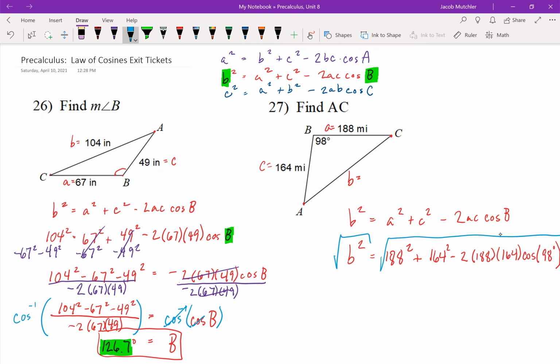And again, take that expression to Desmos. Just recording it down so I can input it. So cosine of 98 degrees. Let's go get our measure of side B, side AC there.